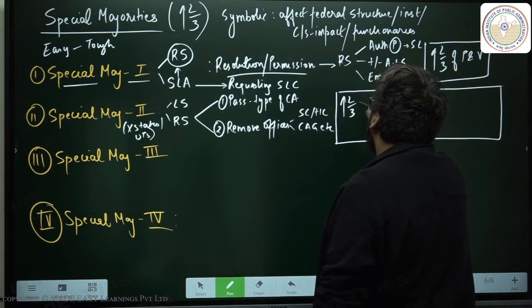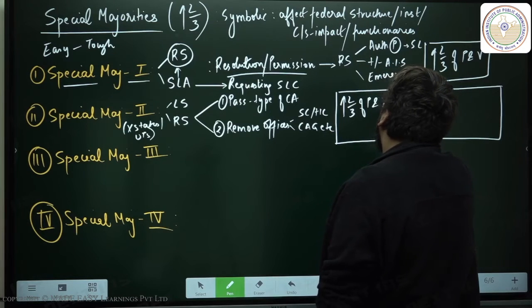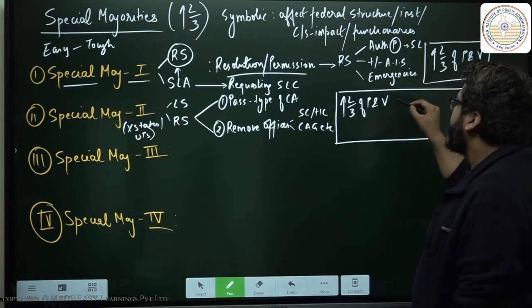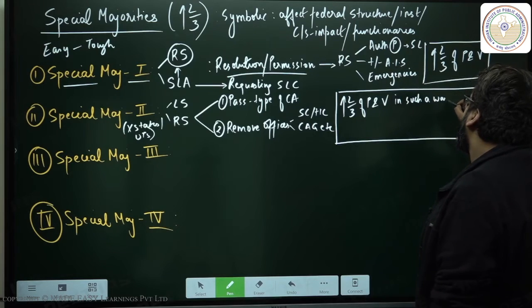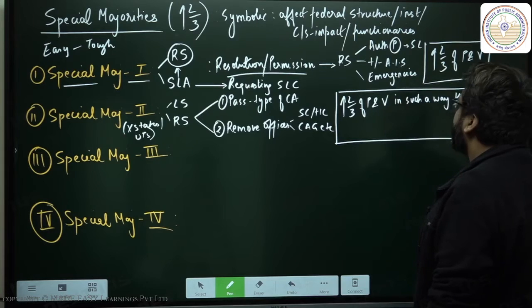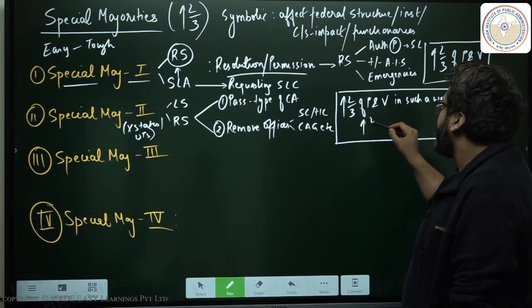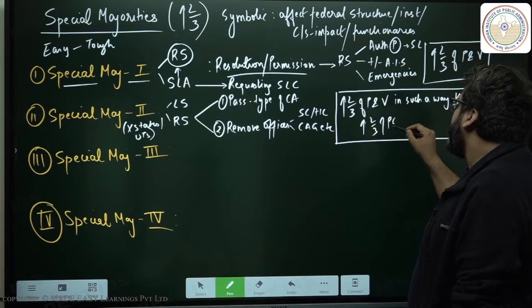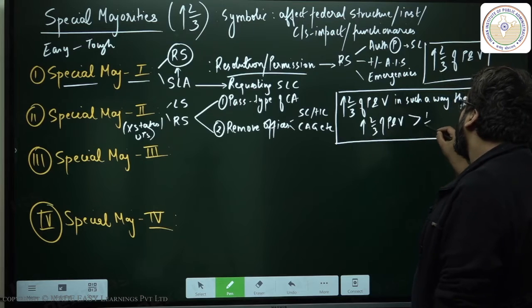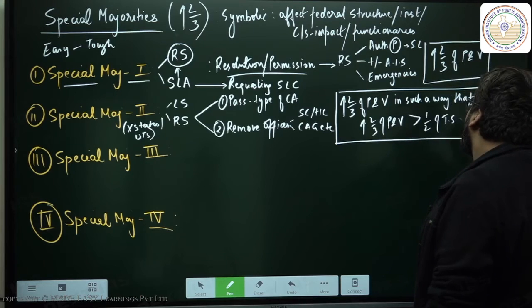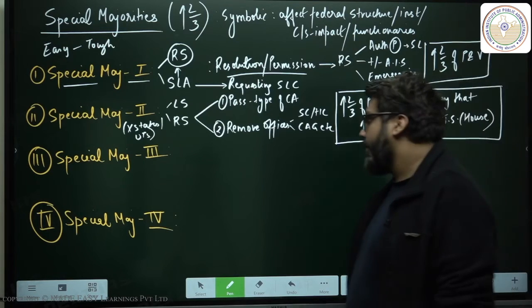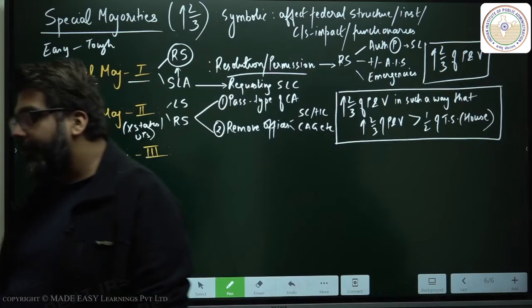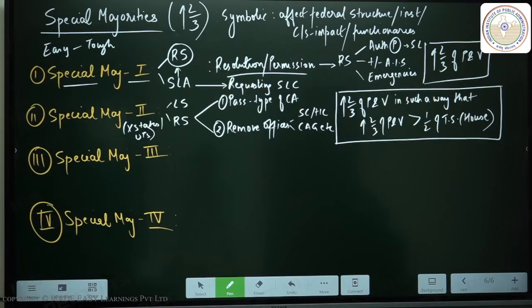more than 2/3 of present and voting in such a way that this more than 2/3 of present and voting is more than half of the total strength of that specific house. ठीक है?